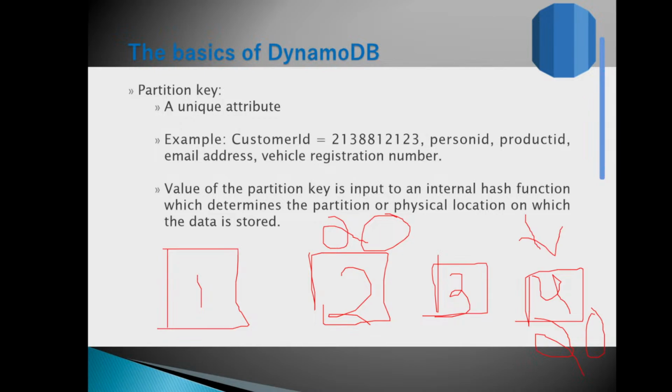Why? Because it uses an internal algorithm which determines in which file this record should be stored, and while searching for this record, it will know in which file the data is available. So it doesn't have to scan all the files to search for the given item.